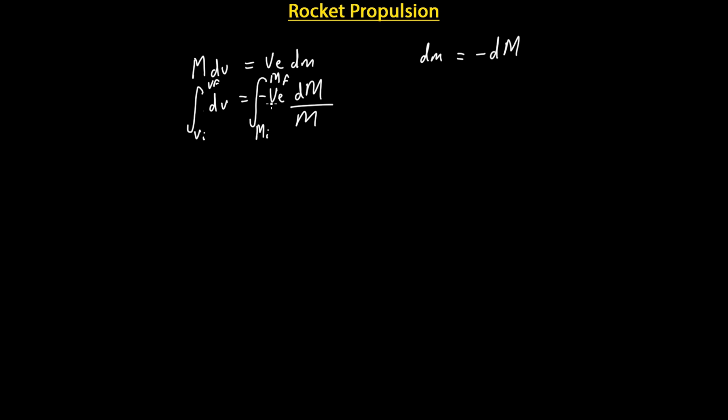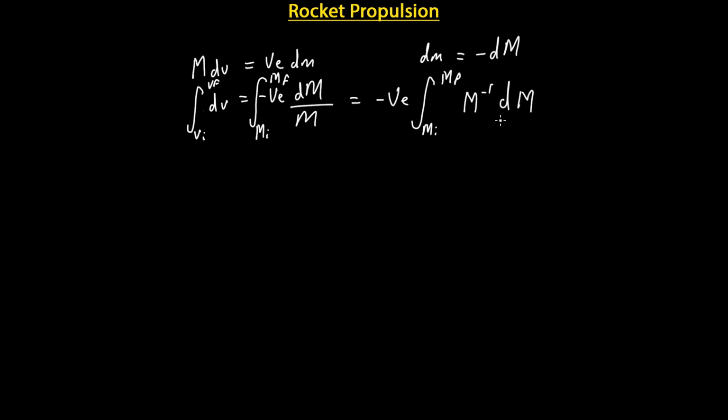And we can remove this velocity term outside of the brackets. So we got negative velocity of the exhaust is the definite integral between the initial mass and the final mass of the rocket, the total mass of the rocket to the power of -1 multiplied by the infinitesimal change in mass of the rocket.